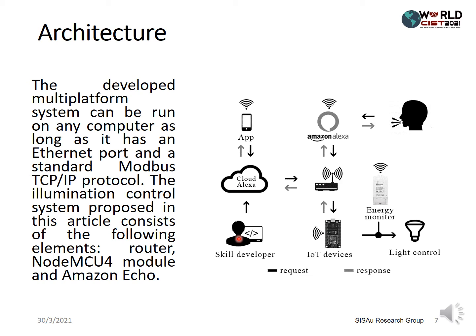The illumination control system proposed in this article consists of the following elements: the router, the Node MCU module, the Amazon Echo, the app on the cell phone, and the sensor for the energy monitoring.